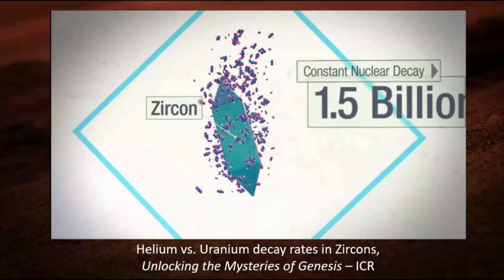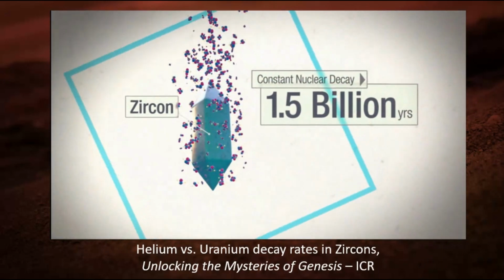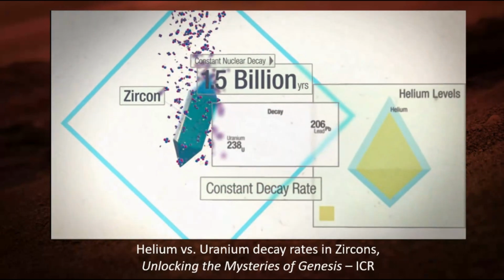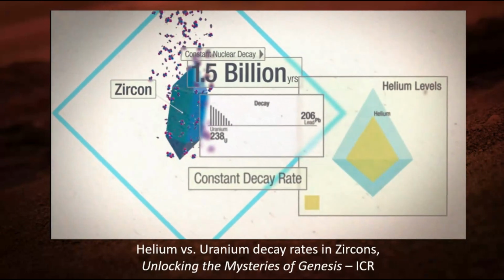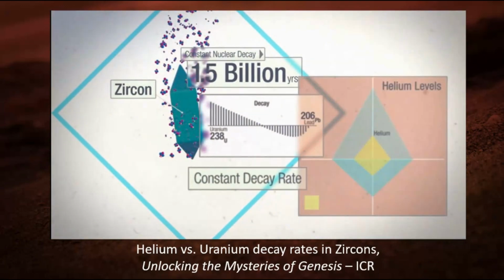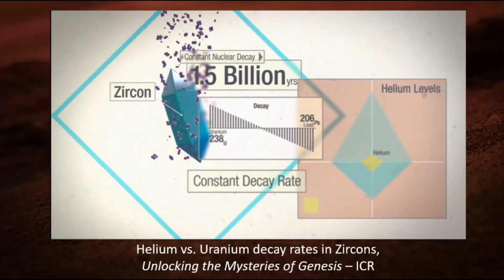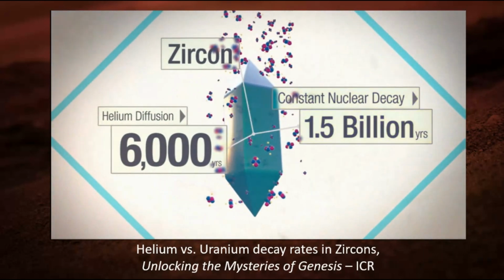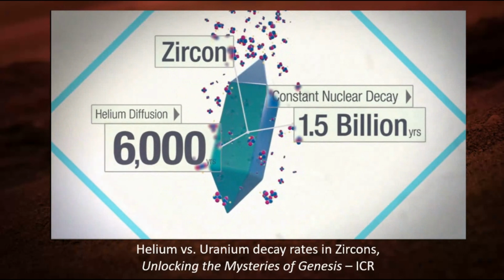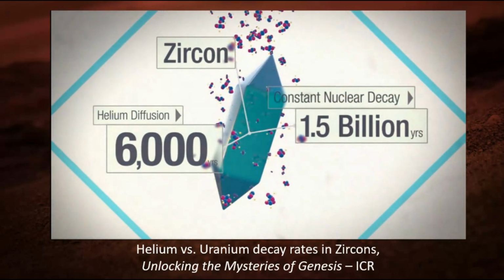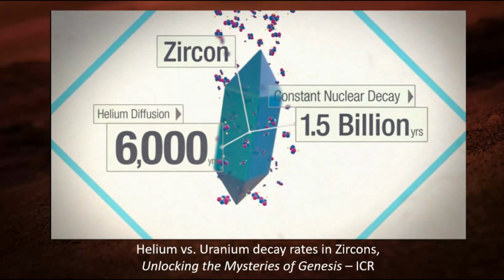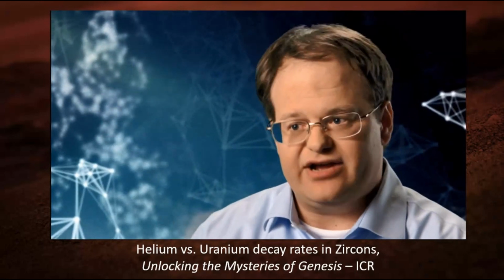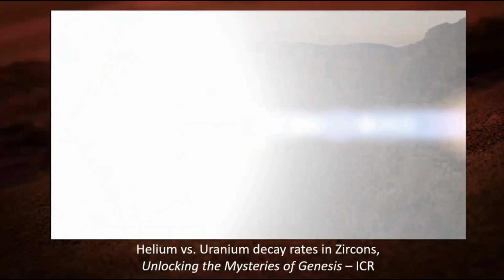If these zircons really are 1.5 billion years old, why is it that we still see large amounts of helium within the zircons? Because if they're really 1.5 billion years old, most of that helium should have leaked out. So here we have a contradiction within a single method. You have two decay products, lead and helium, and they're giving you two different ages for the zircon. And again, how do you resolve that paradox? Well, one way to resolve it would be if the decay rates have changed in the past.